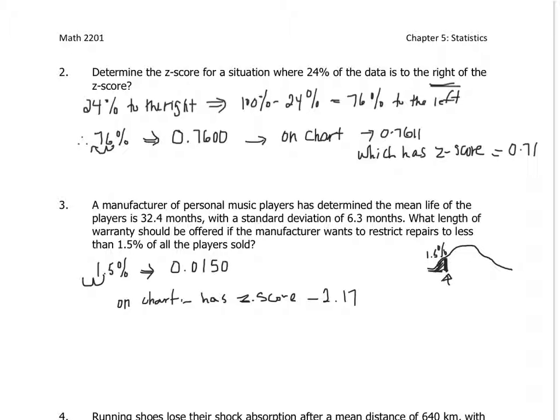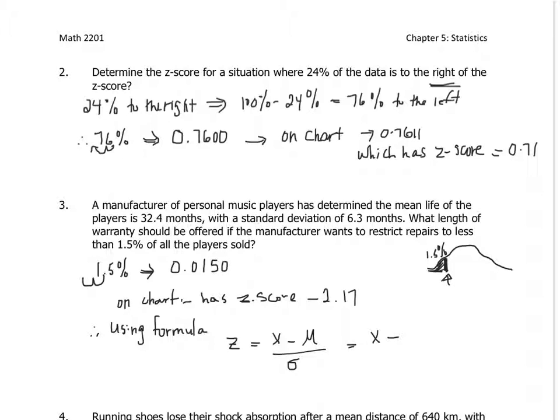So then if we use the formula, therefore using the formula, we can figure out the data value that you need. We know that the z-score formula says that you need the data value minus the mean over the standard deviation. So in this case, our data, we don't know. That's what we're looking for.